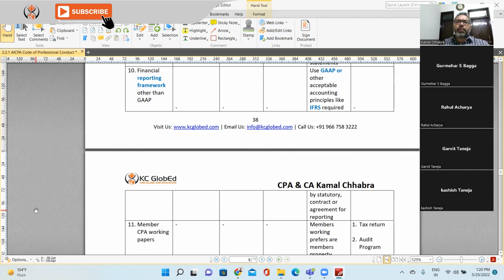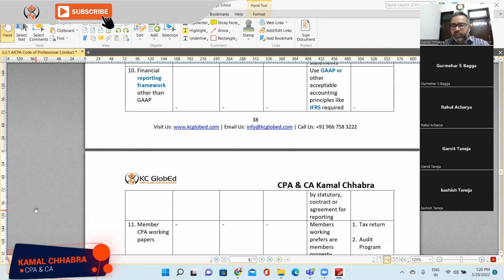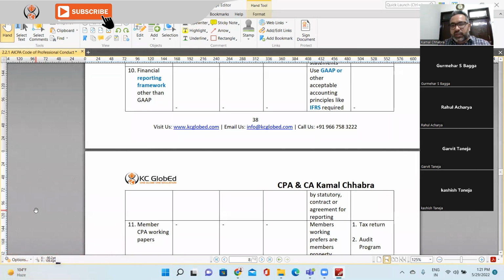All companies based in the US that have operations only in the US need to follow US GAAP. But companies that have operations internationally and are listed on a stock exchange in the US as well as different stock exchanges in the world can choose either US GAAP or IFRS, but they need to disclose which GAAP or which reporting framework they are using.